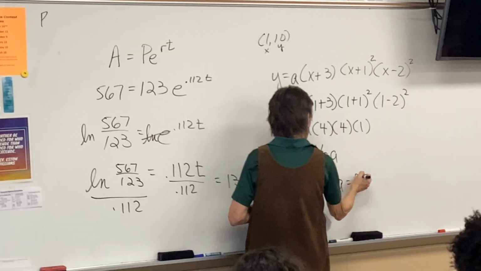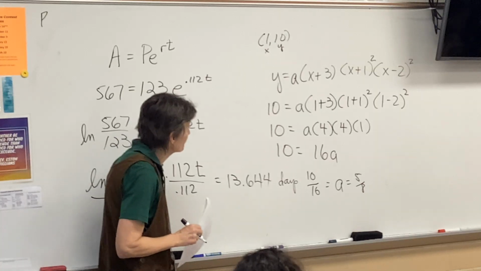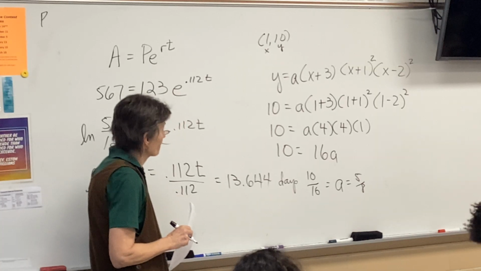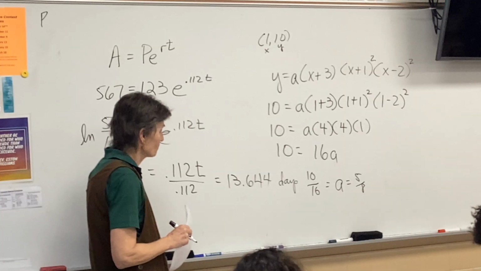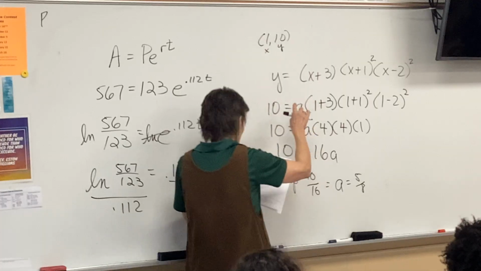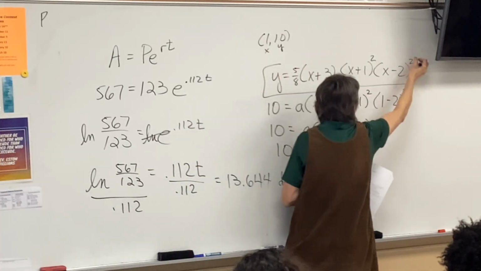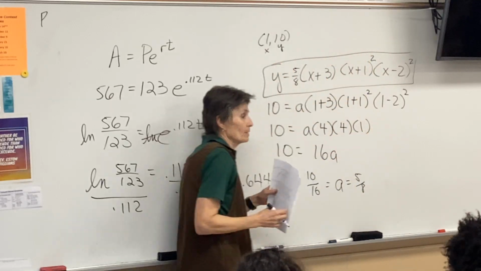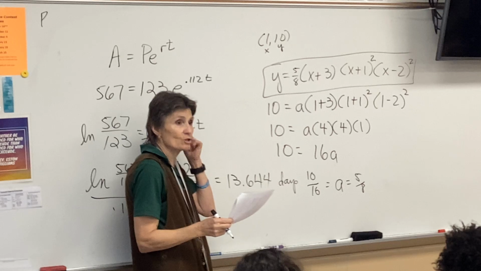I got 5/8, but that might not be right. I think it is. So your equation, it says write the equation, so be sure you go back and put 5/8 in the equation.